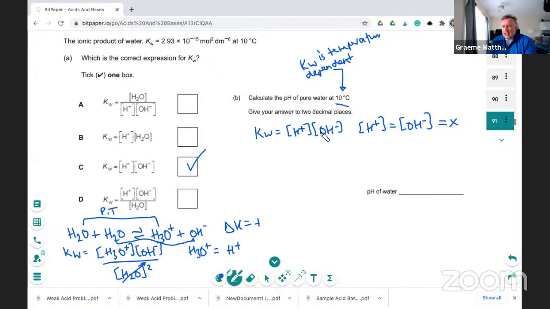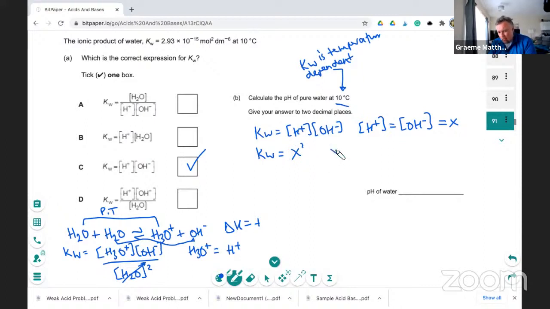I don't really like that one, because it isn't H plus squared. It's H plus equals hydroxide concentration. Saying it's H plus squared means you think there are two versions of H plus on the right-hand side. No, there isn't. So mathematically correct here, for my mathematicians out there, Kw is going to be X squared.